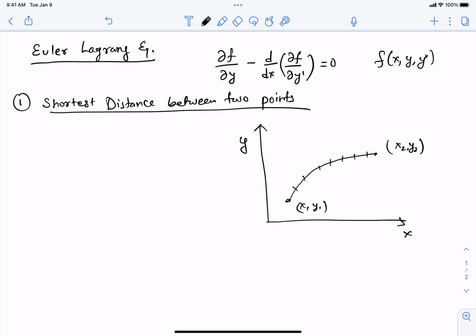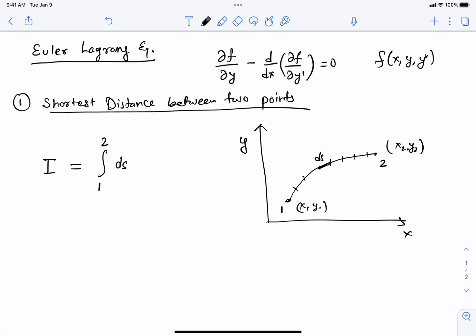This process of summing over the length is essentially an integral. So we can write this integral as the integral of some small length ds, where ds is the length of a small element of this curve, and then we integrate this ds from point 1 to point 2. If we do this, we can find out the length of the whole curve, and then our goal is to minimize this length. But the minimization of this integral can essentially be given by the Euler Lagrange equation.